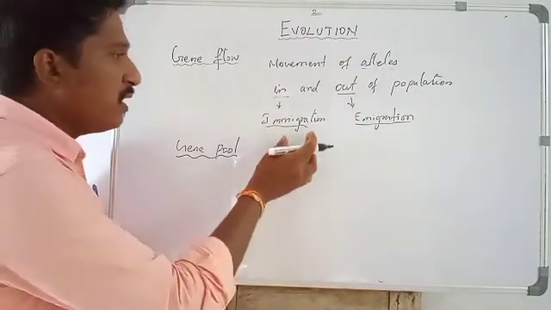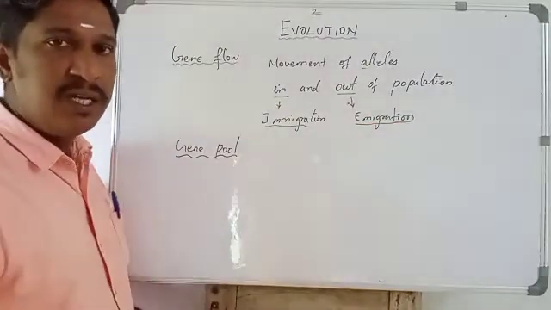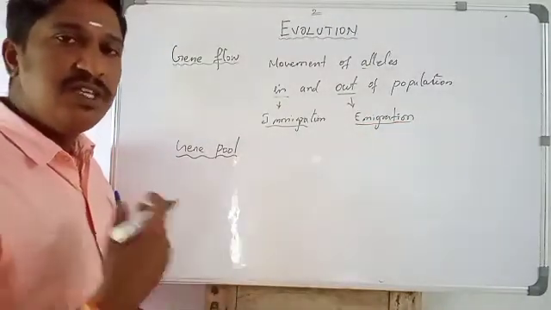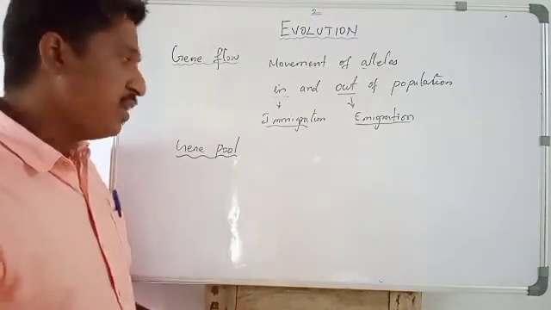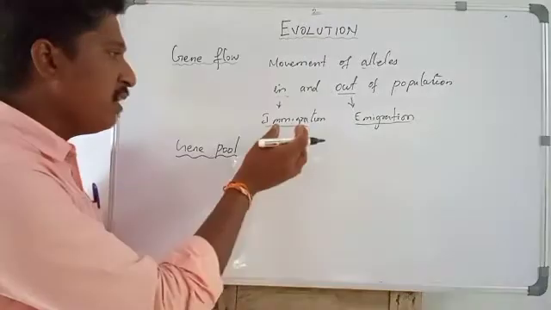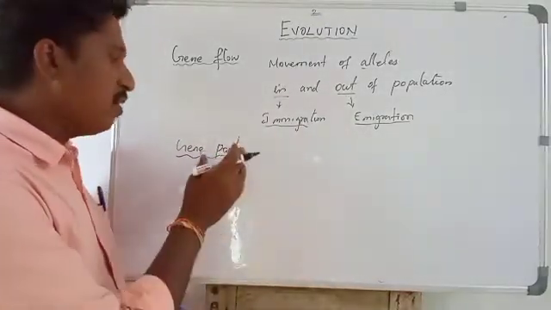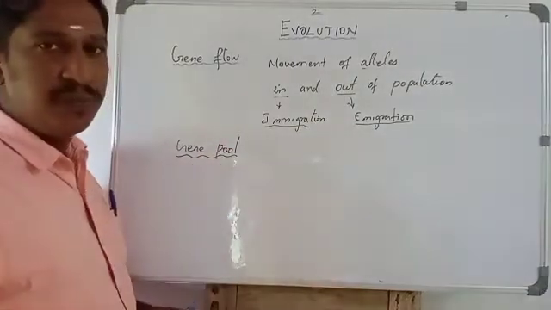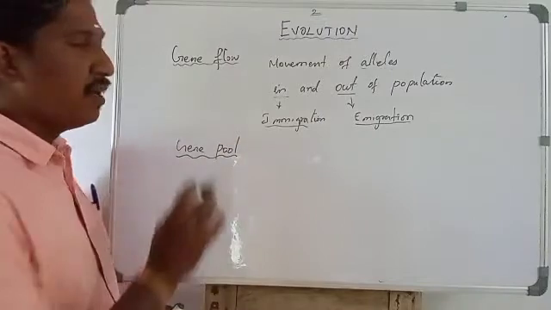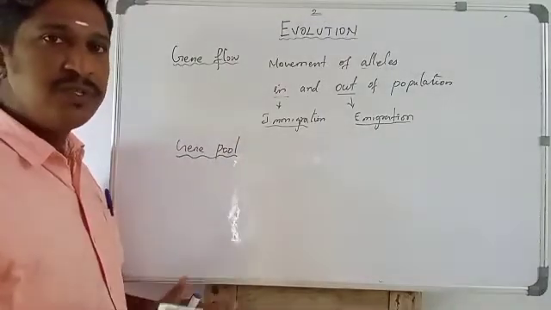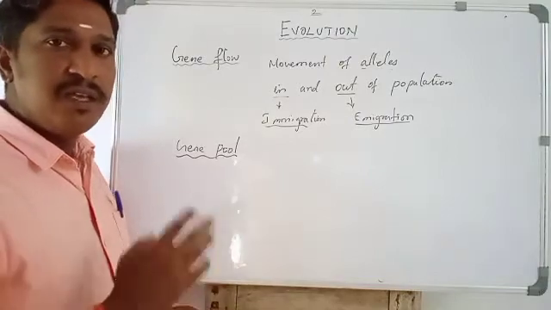So when immigration and emigration happen in a population, the gene frequencies change, because new alleles are added into the gene pool, or some alleles are lost from the gene pool. It is called gene flow. So gene flow is a strong force for evolution.